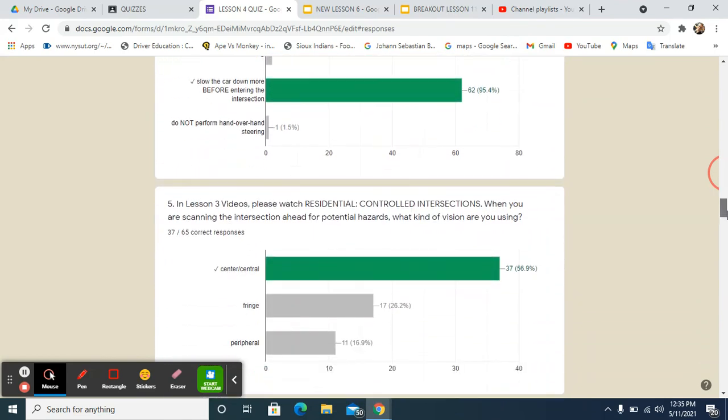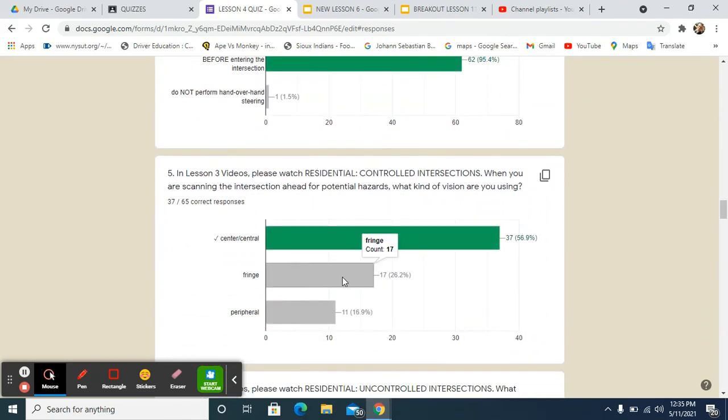These look pretty solid right now. Here's a problematic one where we had 17 plus 11. We had 28 students, around 43% of our students, get the wrong answer. So this would be a question that I want to review in class the next day.